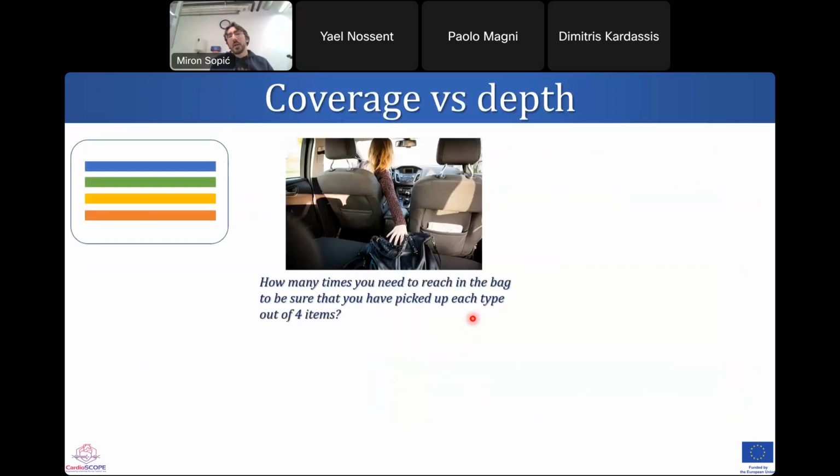So why is depth important? For me, the depth of sequencing is basically your ability to find something in your sequencing data. And this is maybe a very plastic, very artificial example, but I think it will give us enough understanding of how it works.